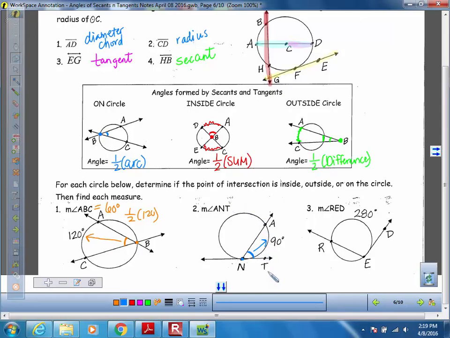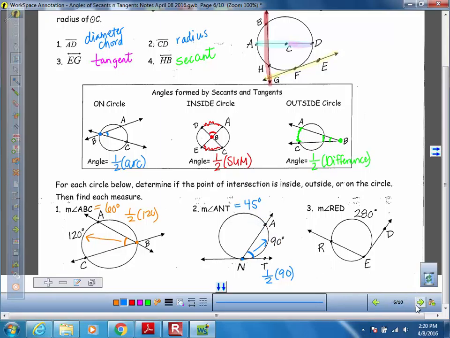So we would do 1/2 of this angle measure, which is 90. Okay, so if we half 90, our angle measure equals 45. Okay, so how do we feel about on the circle? Good?